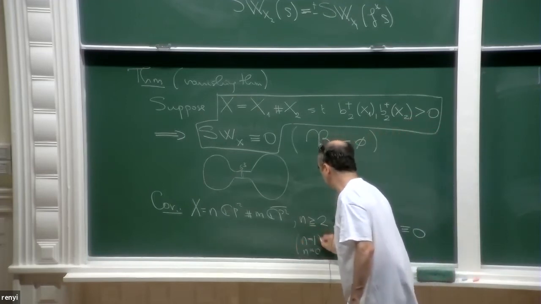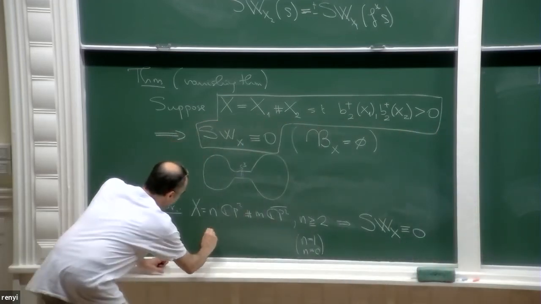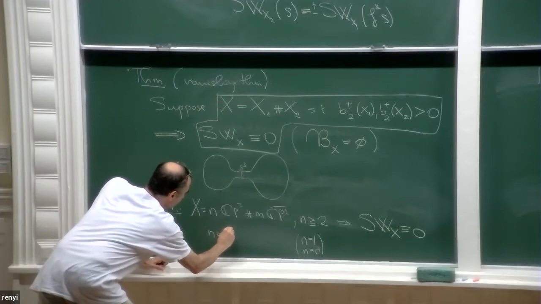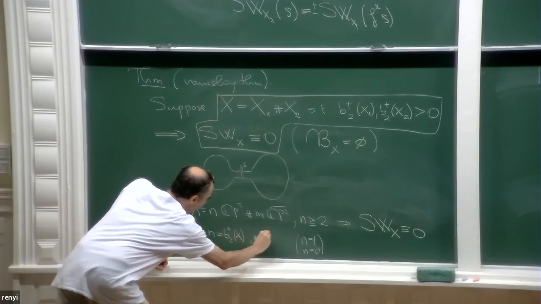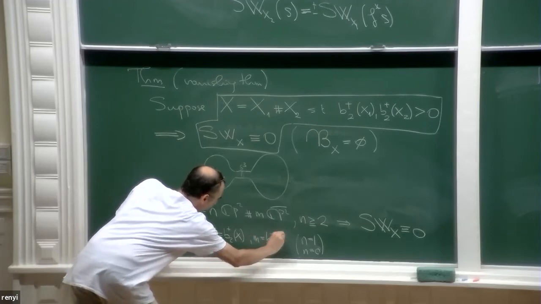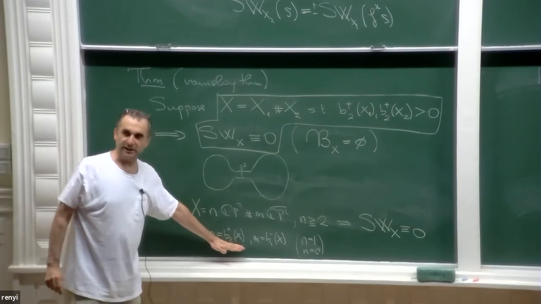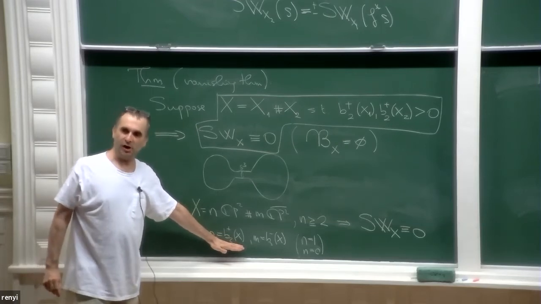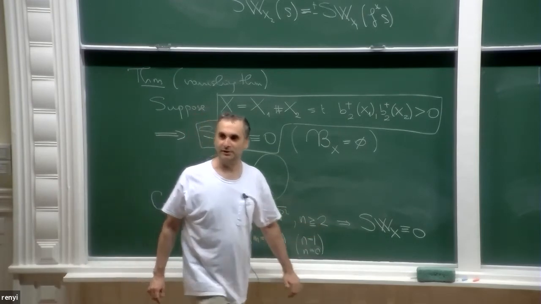So we already went through this. So notice that, maybe I should point out that n is exactly b2 plus of X, and m is b2 minus of this 4-manifold X. So we always assume that this should be strictly bigger than 1, which is the same inequality as n is at least 2.